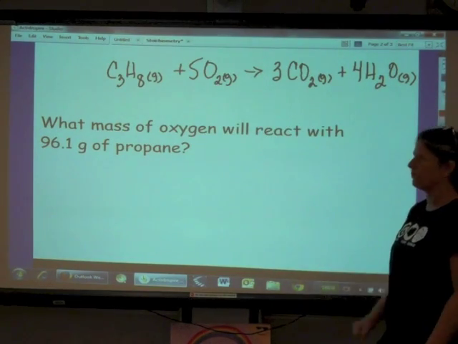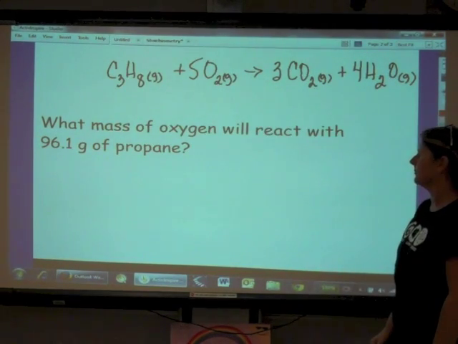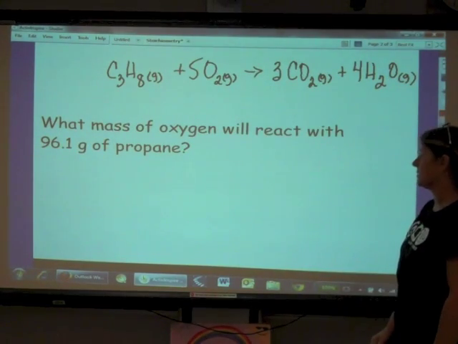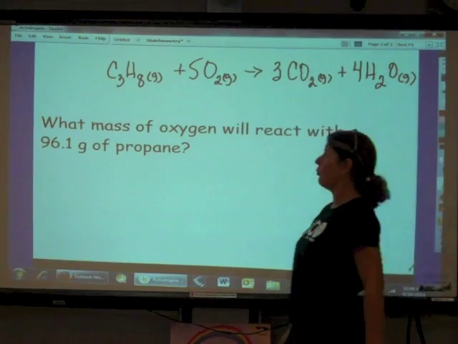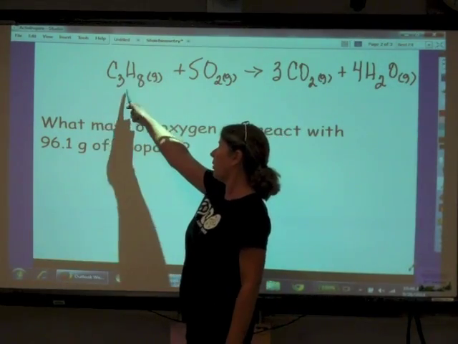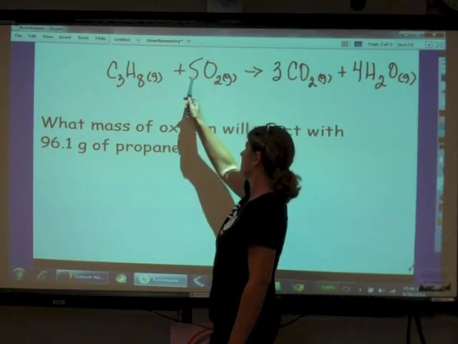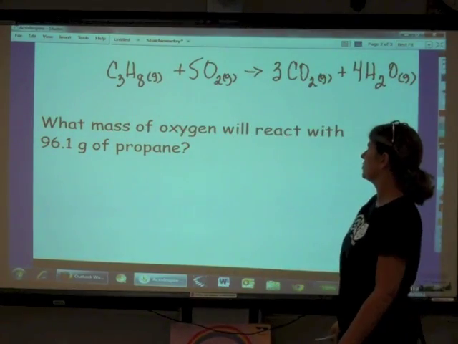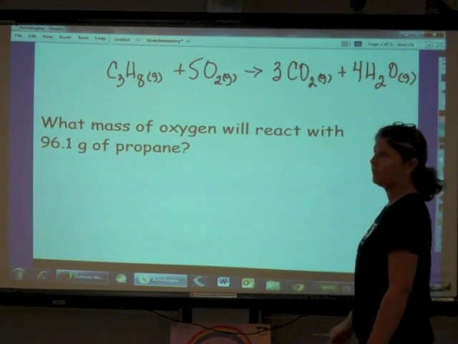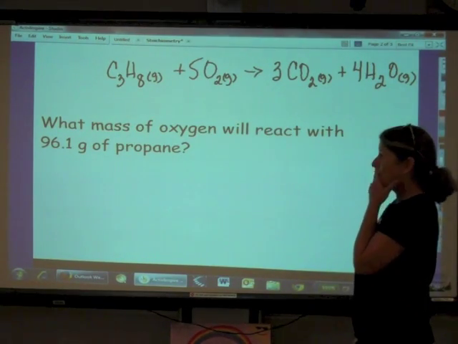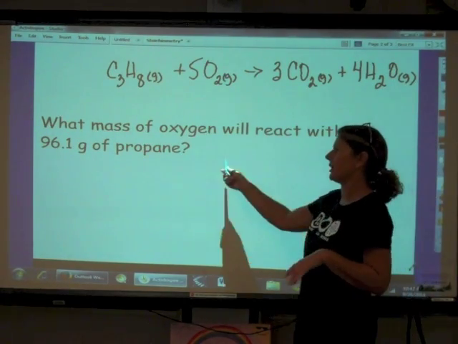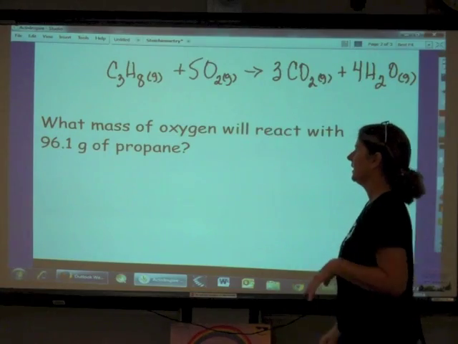I mean, we can, but they're so small that we need to talk about very large quantities of these things. So that means that 1 mole, it's much easier for us to think of it this way, 1 mole of propane reacting with 5 moles of oxygen produce 3 moles of carbon dioxide and 4 moles of water. So from this, we can now address this thing right here.